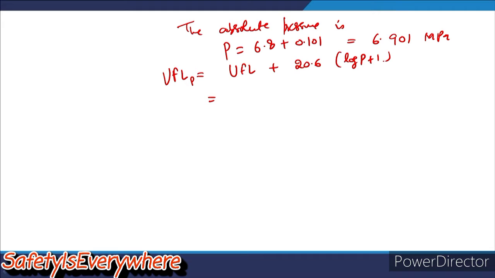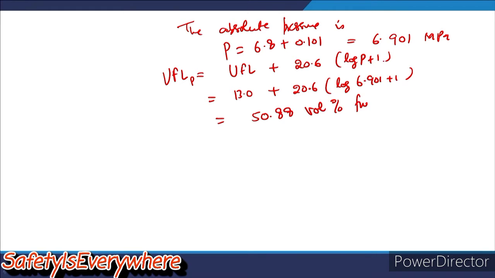So this is 13, which we have taken from the table in the last slide of this module, plus 20.6 log (6.901 plus 1). So it is coming out to be 50.88 volume percent of fuel in air. So this is the answer to this particular problem.